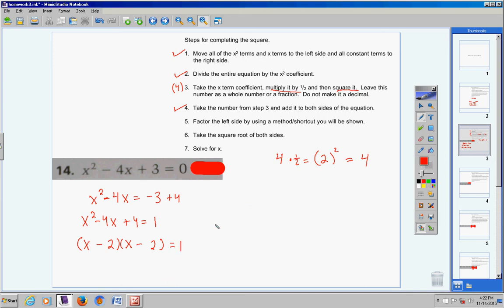Now, we're not quite done with step 5 yet. You have 2 matching parentheses, so we're going to write them as 1 parentheses with a power of 2. Now we're done with step 5. Step 6, take the square root of both sides. Well, the square root of 1, that's pretty simple.